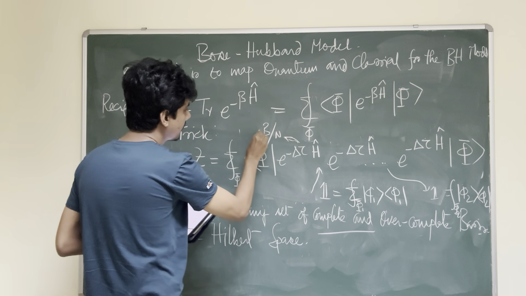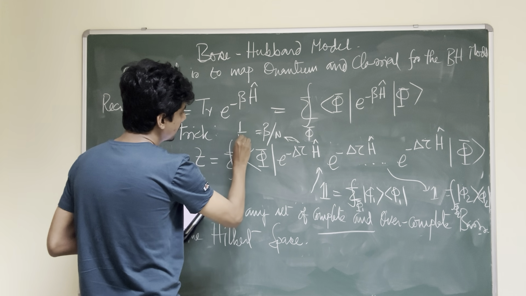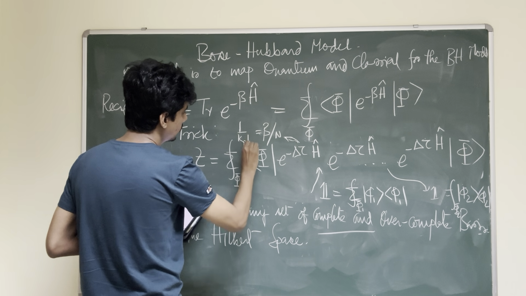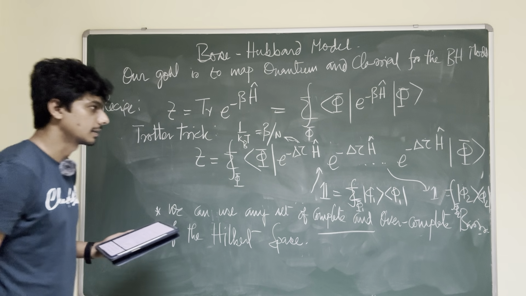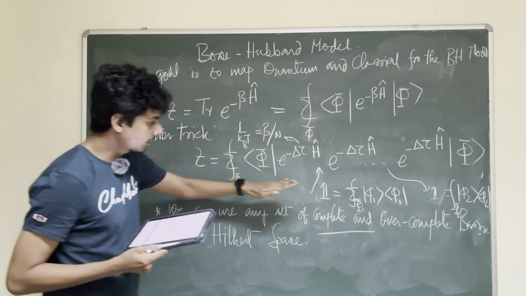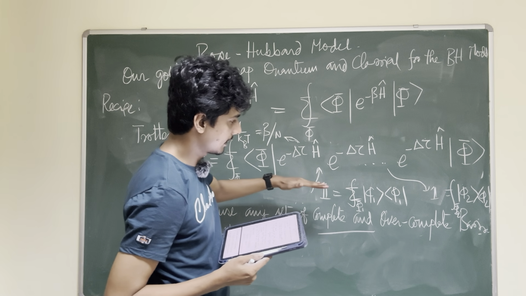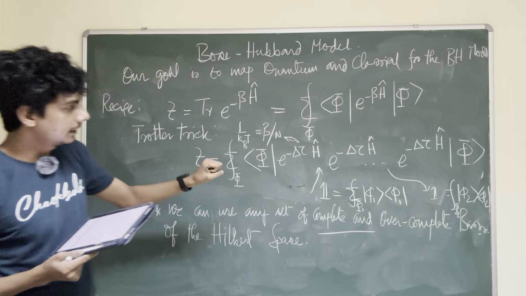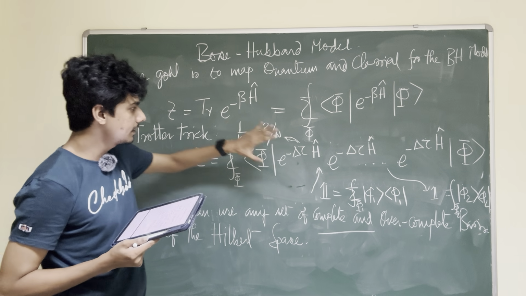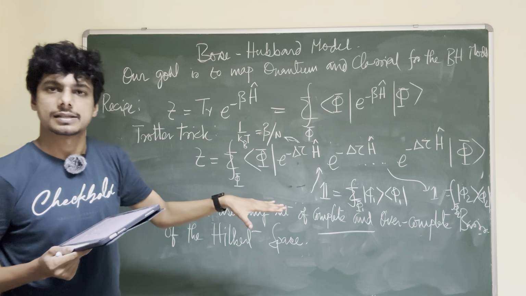Here beta is basically 1 over kT, where k_B is the Boltzmann constant and T is the temperature. So in the Trotter trick, or the time slicing part, we think of the imaginary time as inversely proportional to the temperature.